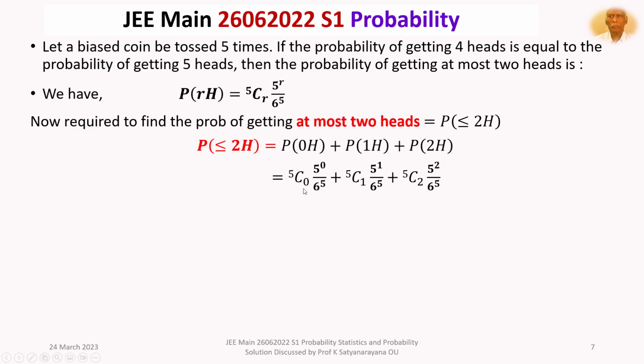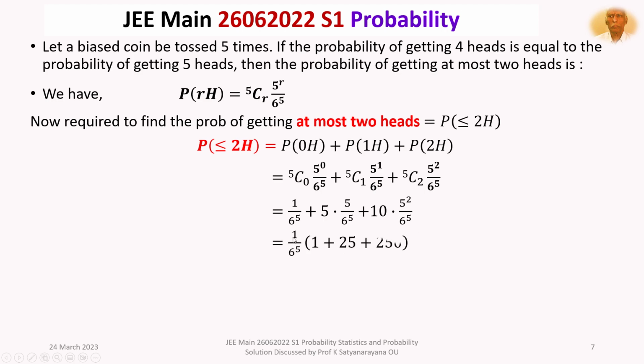Now 5C0 is 1, 5C1 is 5, and 5C2 is 5 into 4 by 1 into 2, that is equal to 10. So that will be 1 by 6 to the power of 5 plus 5 into 5 by 6 power 5 plus 10 into 5 square by 6 to the power of 5.